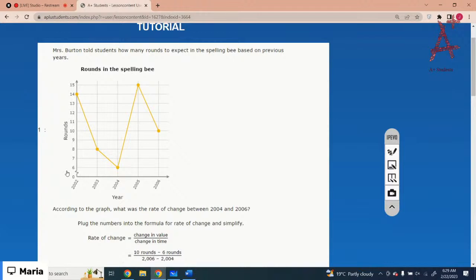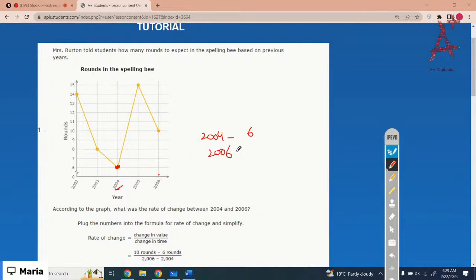So just see what the value is in 2004 and what the value is in 2006 on the graph. Here is 2004 and the value on the y is 6. So in 2004 it is 6 and in 2006 it is 10.